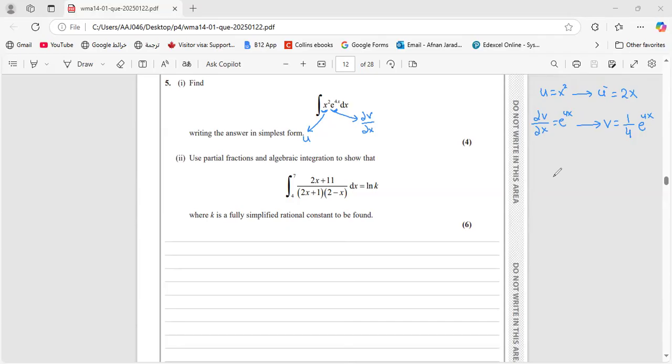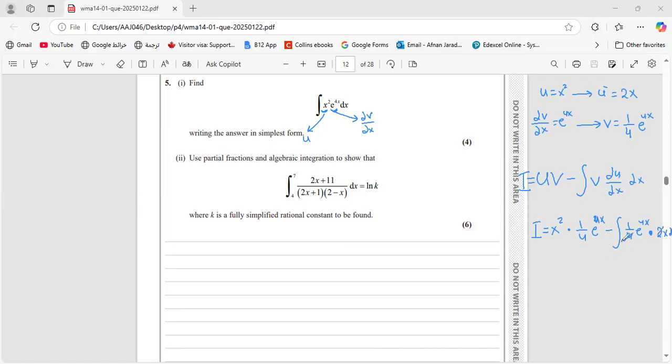What is the formula for integrating by parts? The integration of u v prime equals uv minus the integration of v du over dx. So the integration equals u, which equals x squared, multiplied by v, which is 1 over 4 e to the power of 4x, minus the integration of v, which is 1 over 4 e to the power of 4x, multiplied by du over dx, which is 2x dx.